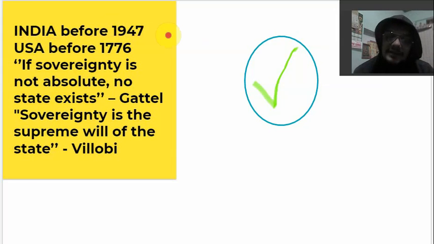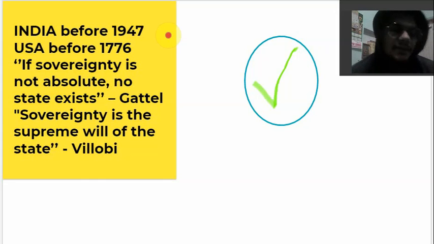The viceroy was the representative of the queen, and there was the power of the British parliament up and above the power of the Indian parliament. So there was no sovereignty. So India was not a state before 1947, it was only a colony of England.